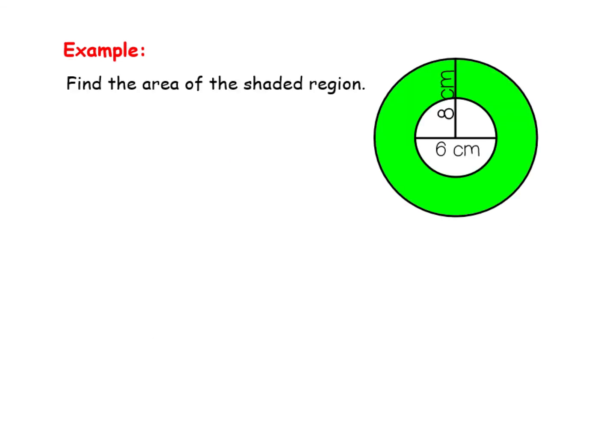Okay, let's take a look at an annulus problem here. We want to find the area of the shaded region. Okay, so remember I need to do pi r squared minus pi r squared. Right? So my large radius, the radius of the large circle here is 8. Okay, so it's going to be pi times 8 squared minus, now let's look at the radius of the small circle. I know the whole diameter is 6, which means my radius then has to be 3.